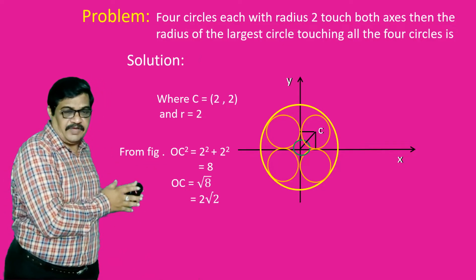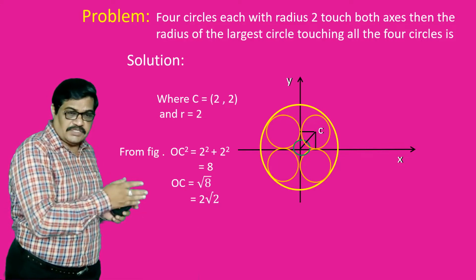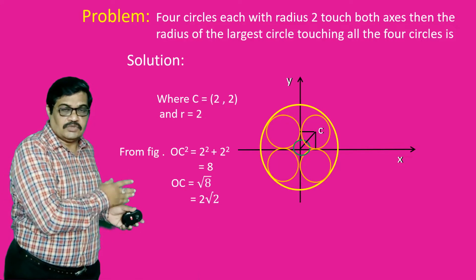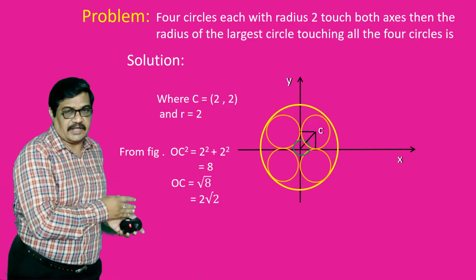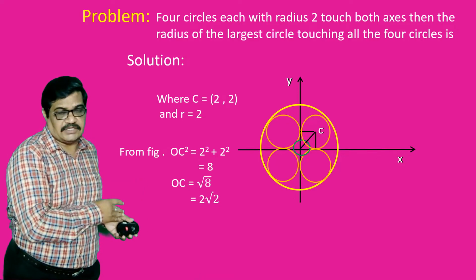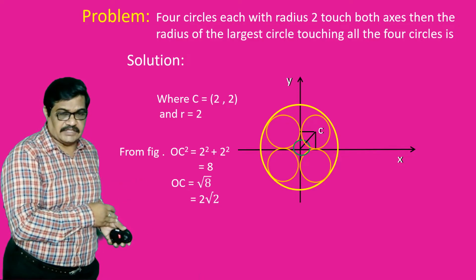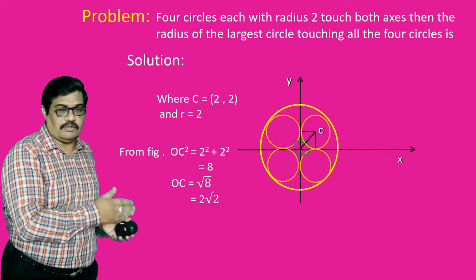From this figure, OC squared is equal to 2 squared plus 2 squared. See, it is a right angle triangle. From this right angle triangle, the two sides are 2 and 2, so 2 squared plus 2 squared.